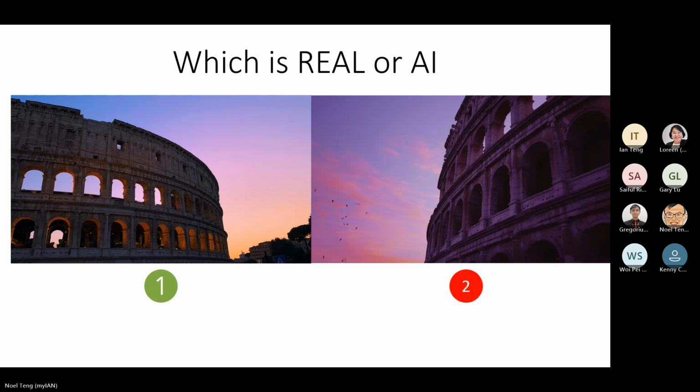Paisley says one. Okay. Lorraine says two. Who else says one? Anyone? How about Kenny? Gary? Two. Two. Okay, so we have 2 for 2, and so far, I think 3 for 1. How about Kenny? I think he must be busy. Stepped away. So the answer is 1 is real.